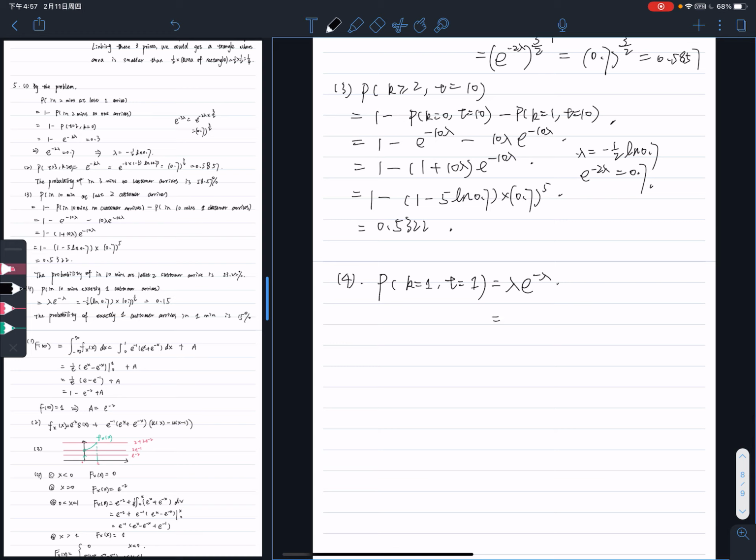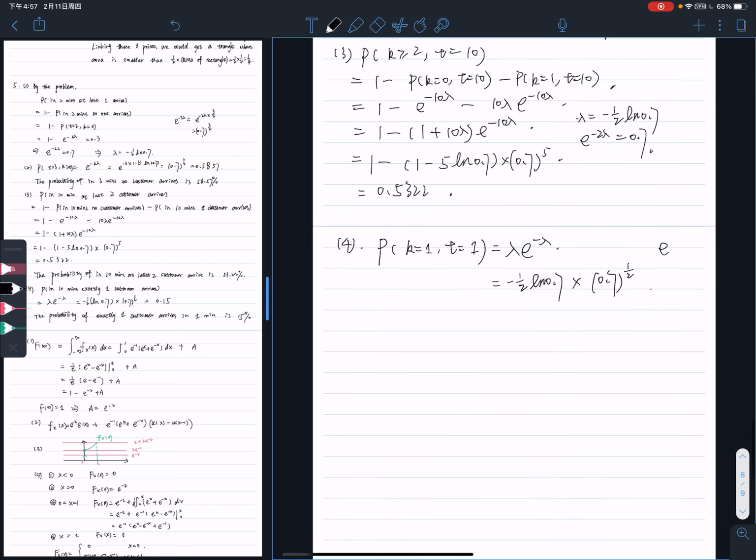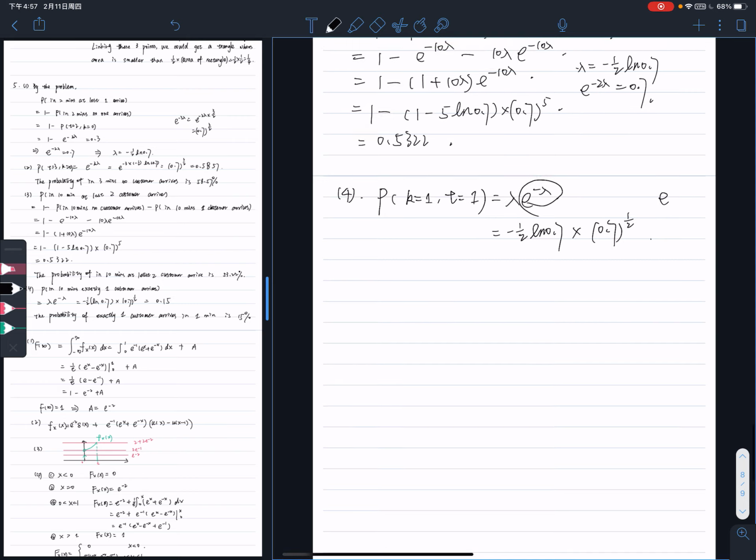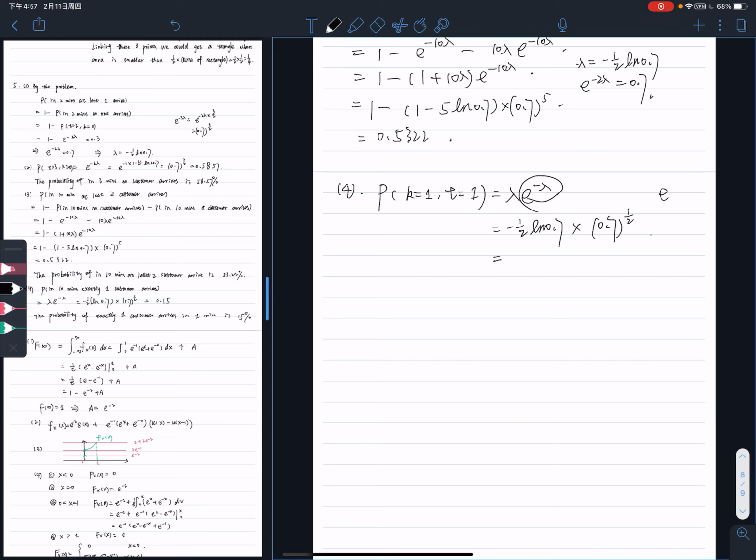So it is minus 1 over 2 ln 0.7 times 0.7 to the power of 1 over 2, because 0.7 is e to the power of minus 2 lambda, so we need to compute the square root of 0.7. By the calculator we get 0.15. So the probability that exactly one customer arrives is 0.15.